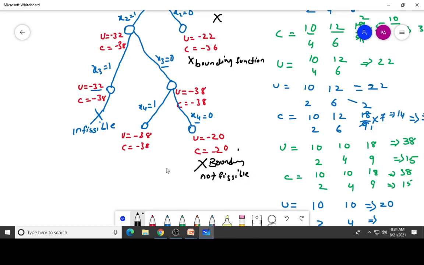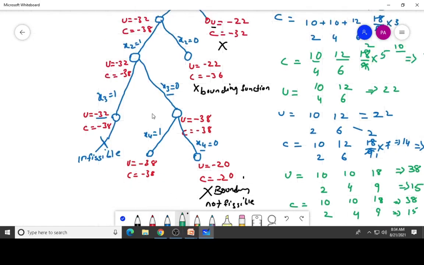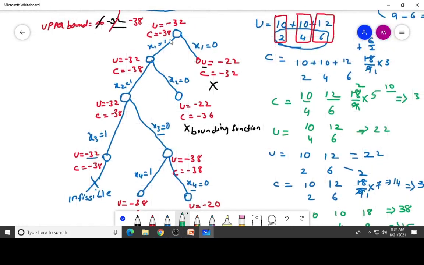So what is the route we follow now? Concentrate on the green line. I am adding item number 1 and item number 2, and I am not adding item number 3, and I am adding item number 4.